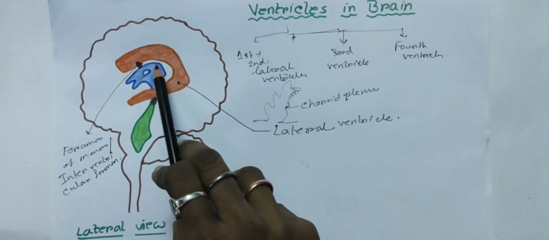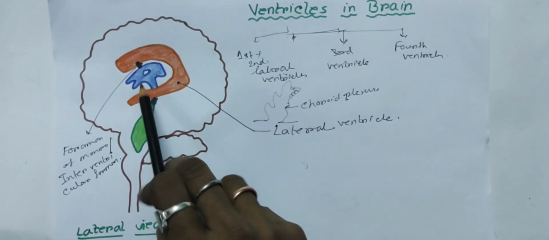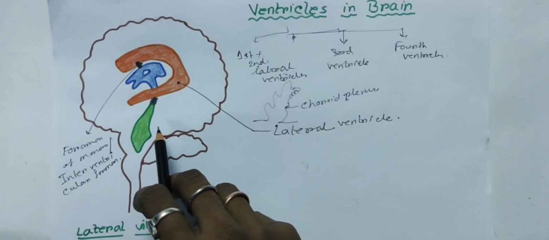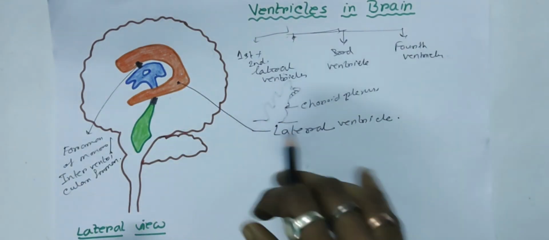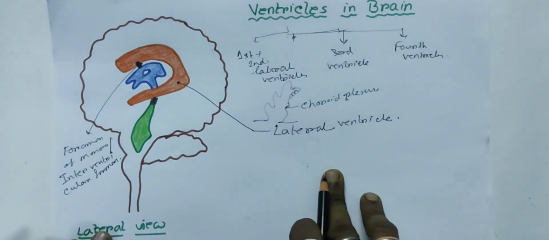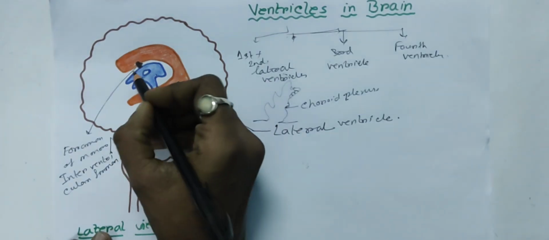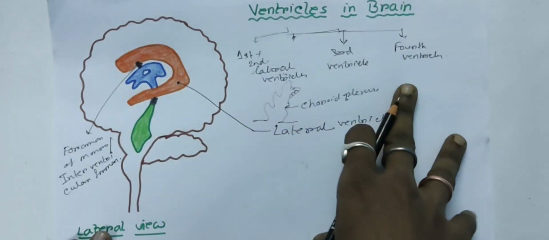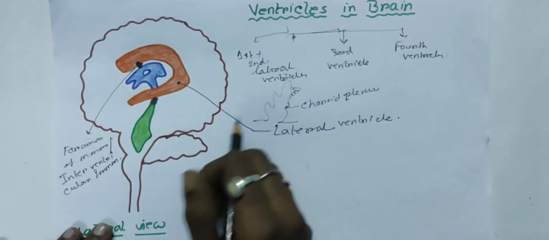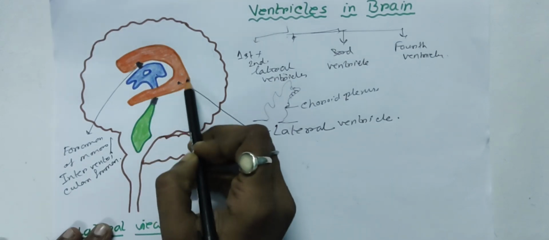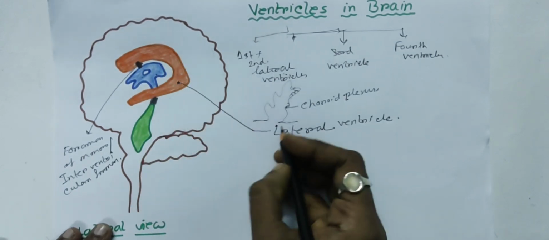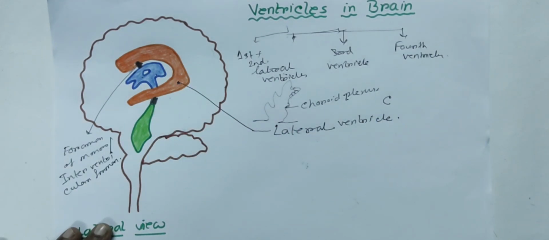The third ventricle has three projections. But I have to say something about the lateral ventricle first, because the lateral ventricle is C in shape.